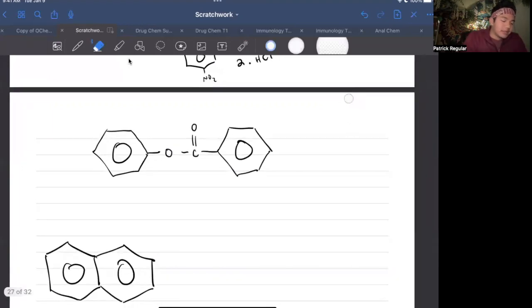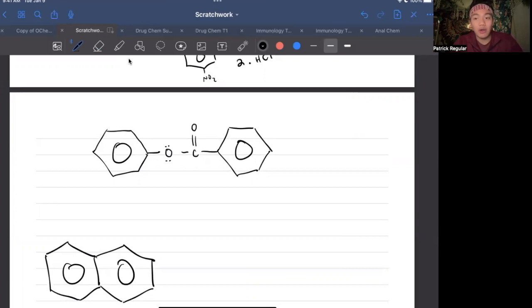So what's special about this is that it constitutes both an activator and deactivator, because what I'm trying to say is that oxygen has a lone pair. And if you remember, if it has a lone pair, it is ortho-para directing because it's going to stabilize resonance in a way that promotes the ortho-para position.